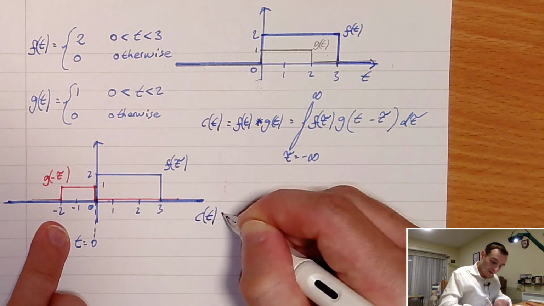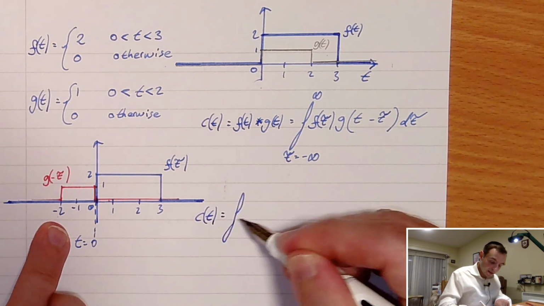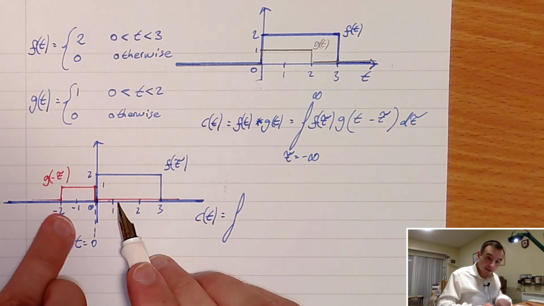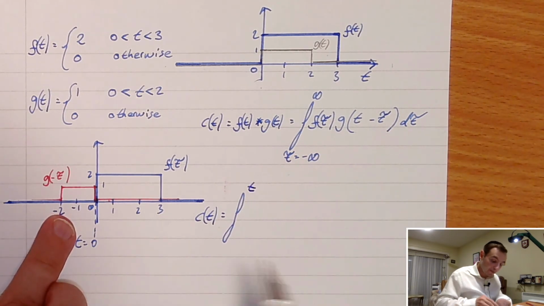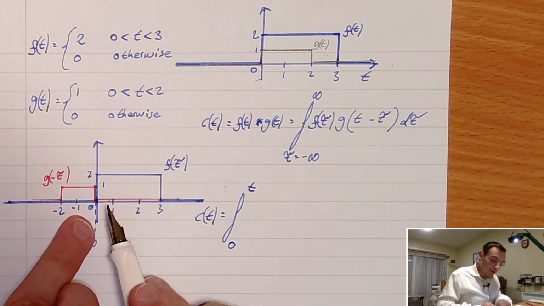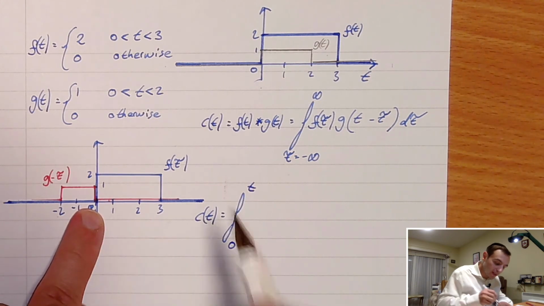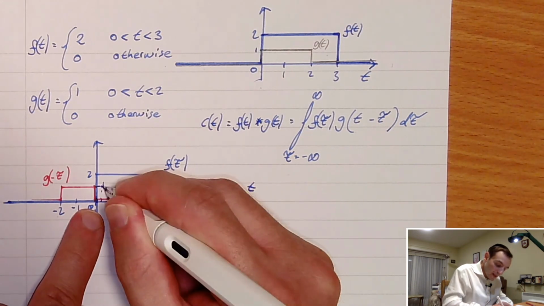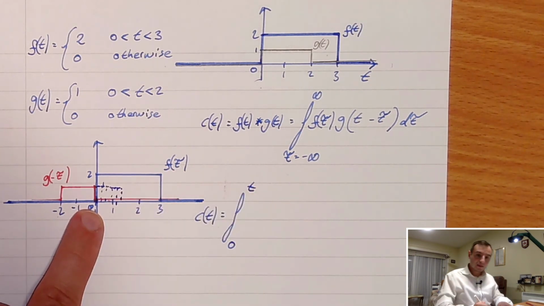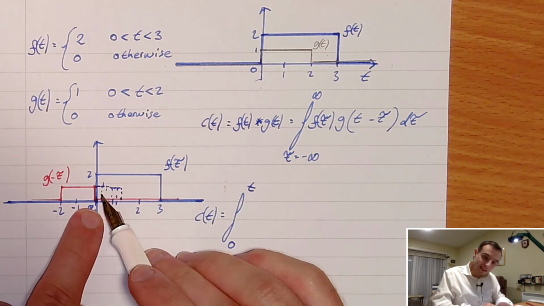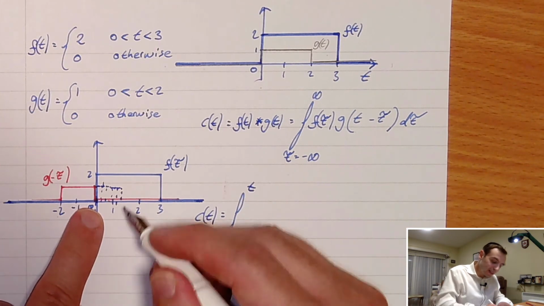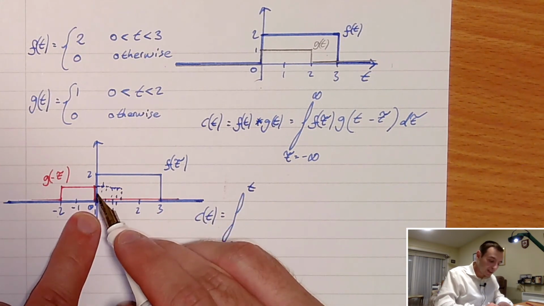So the integral is going to be between t and 0, because remember, t is increasing, and we're interested in this little window that's getting larger and larger. This window that's increasing is what we're trying to find the integration of. So it's going to be between the t value and 0. It's not going to be between the t value and here.